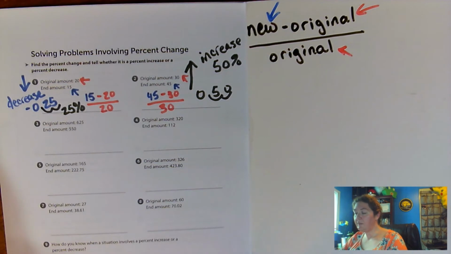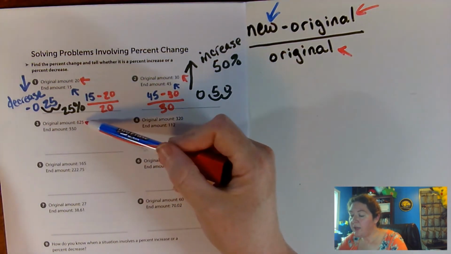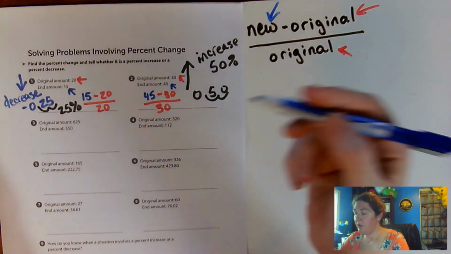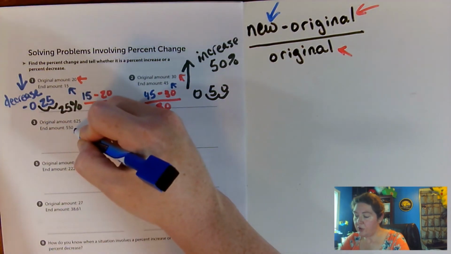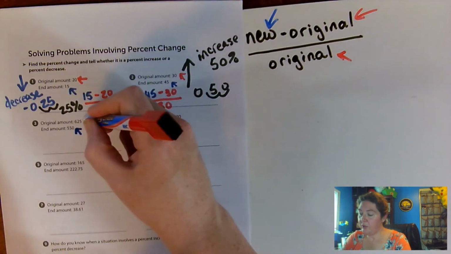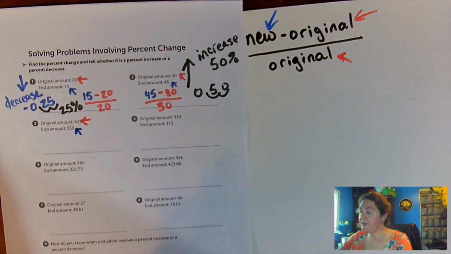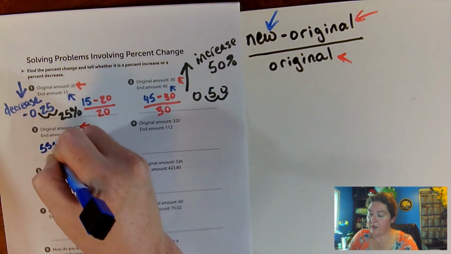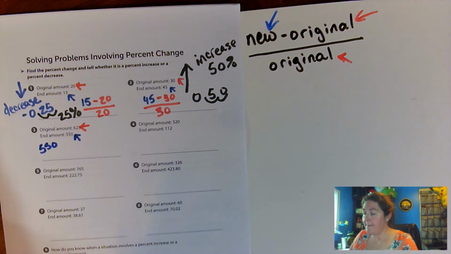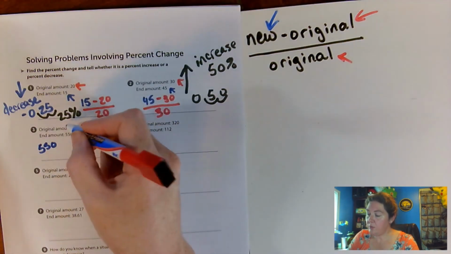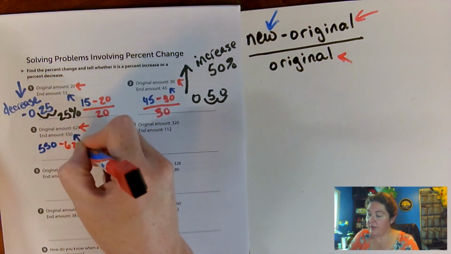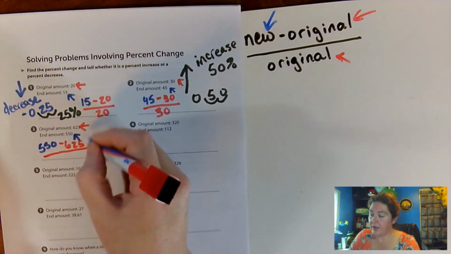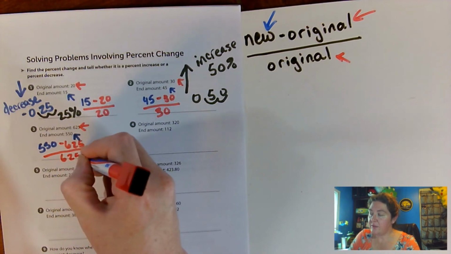Alright, number 3, original amount and my end amount. My end amount is my new. So I've got new, I've got original. My formula says new, which is 550, minus original, which is 625, divided by original, divided by 625.